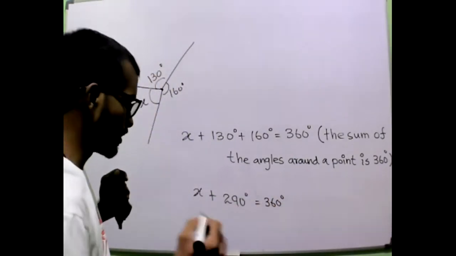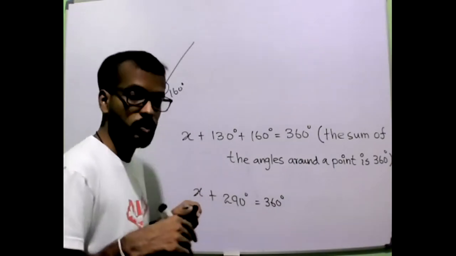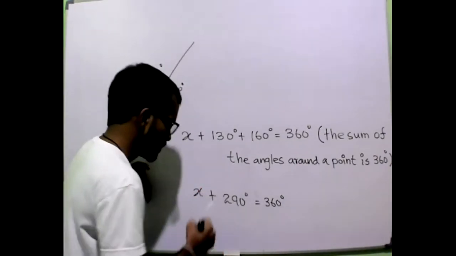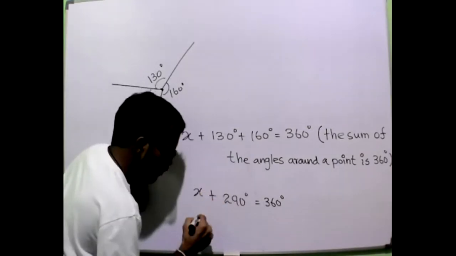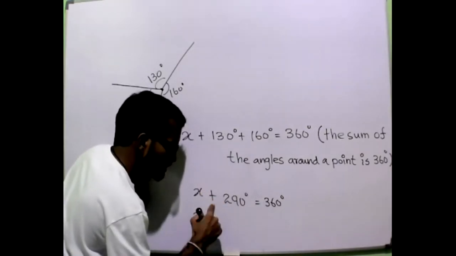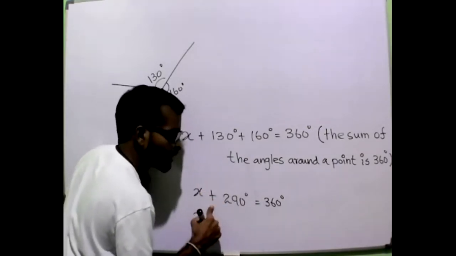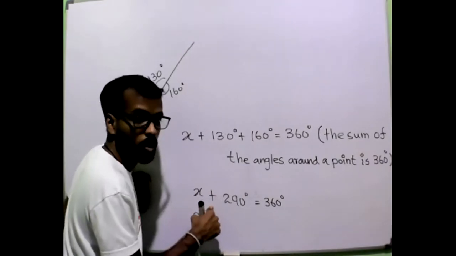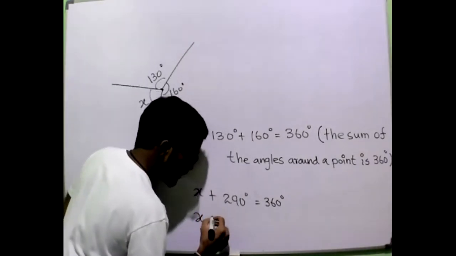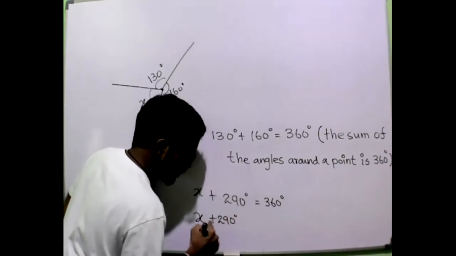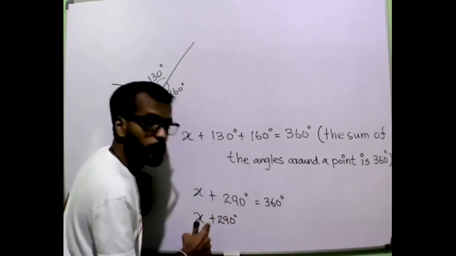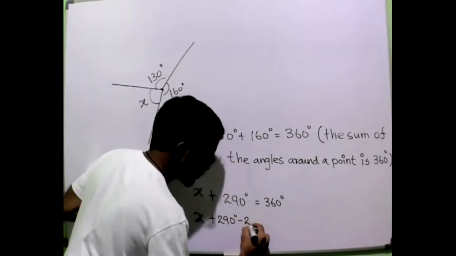Last week and in the previous week also we discussed these things. This 290 is the thing we need to remove from our left hand side. It is positive, so we need to make it negative, the opposite.